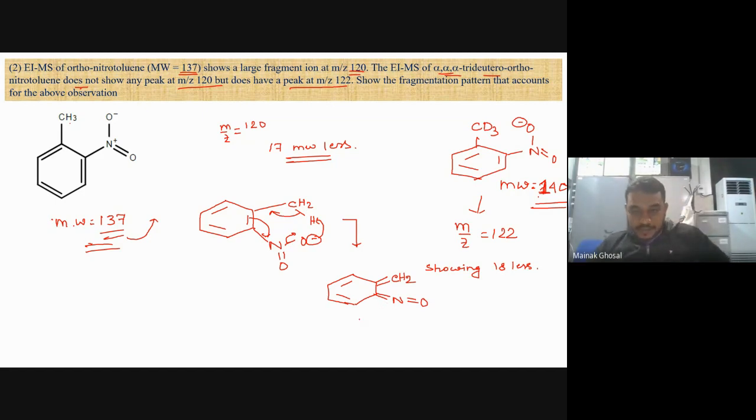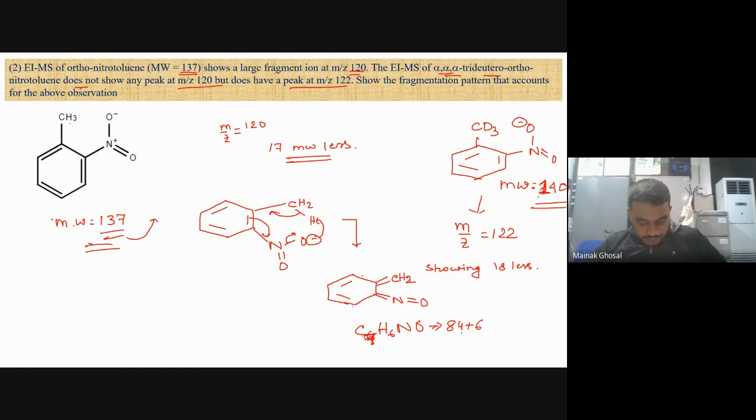Now we calculate the molecular weight. C7H6NO. Let's see how much it is. I think I have counted correctly: carbon 1, 2, 3, 4, 5, 6, 7, hydrogen 2, 3, 4, 5, 6, then N and O. So 7 carbons is 84, hydrogen is 6.